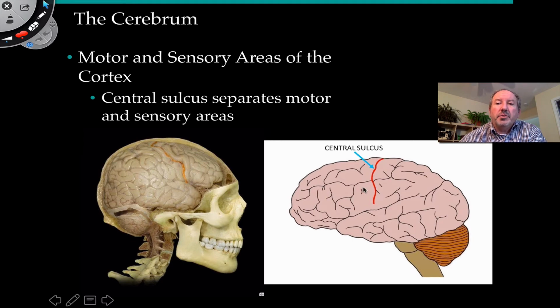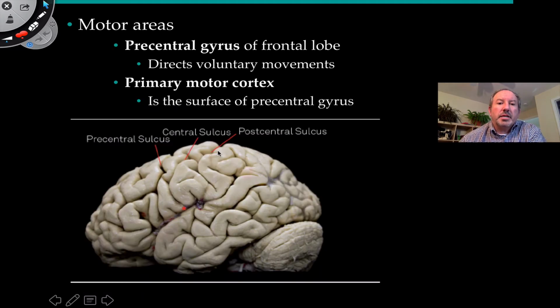Okay, so this conversation is going to be about motor movement. And so let's take a look here. And again, here's the front over on this side. Here's posterior over here. So here's the central sulcus. And so in this pre-central sulcus area right in here, precentral gyrus of the frontal lobe, that is where in the cerebrum you actually have voluntary direction of movement.